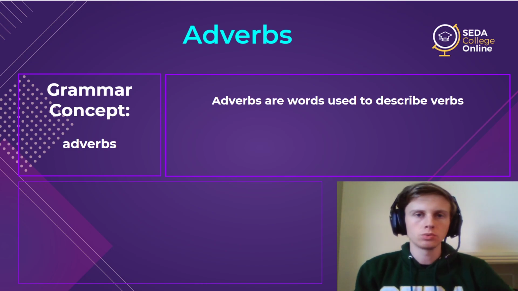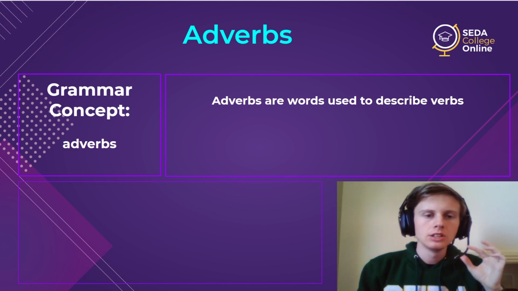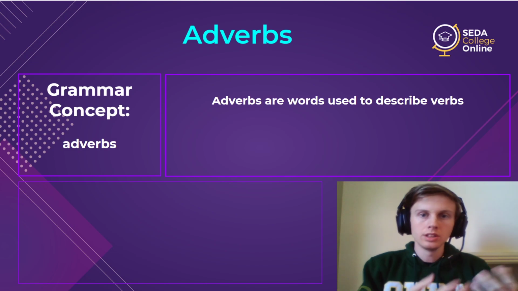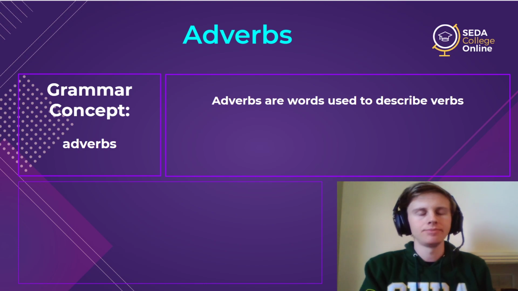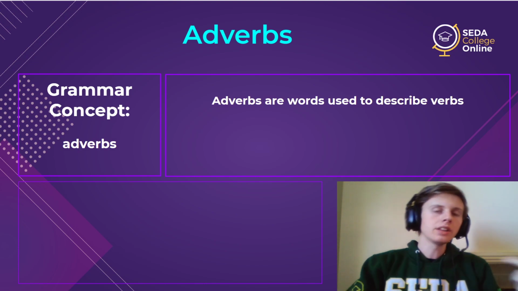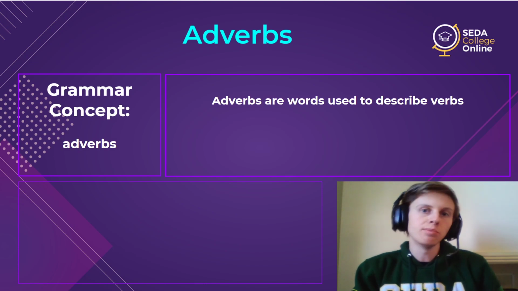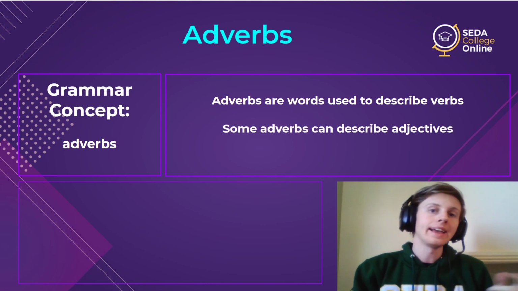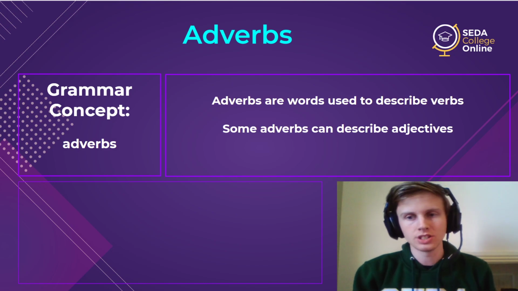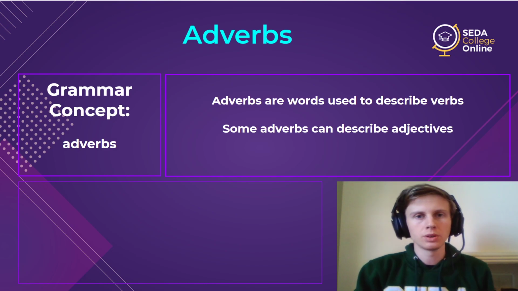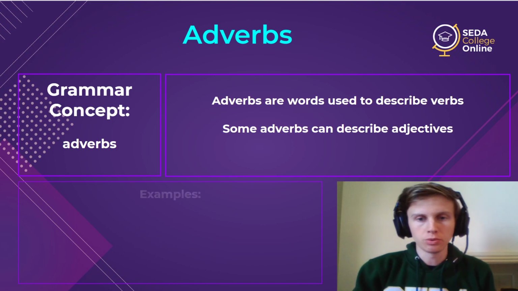And now I've got those words cute and happy to describe the noun, the dog, the cat. Well, on the other side, we can use adverbs to give more information about the verb, and sometimes even adjectives. So, an adverb is one of these words that can help add information in both ways.